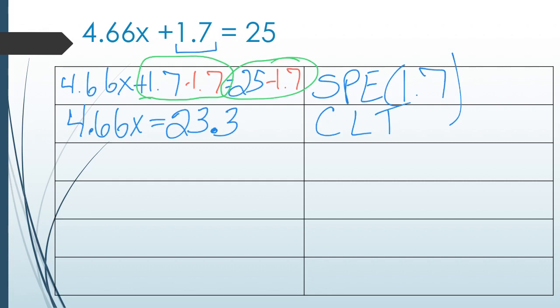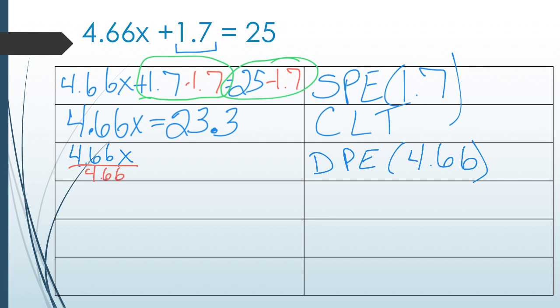Next step. Well, I see here I'm multiplying. So the opposite of multiplication is division. So I'm going to use the division property of equality. I'm going to divide both sides by 4.66. So I have 4.66x divided by 4.66 equals 23.3 divided by 4.66.